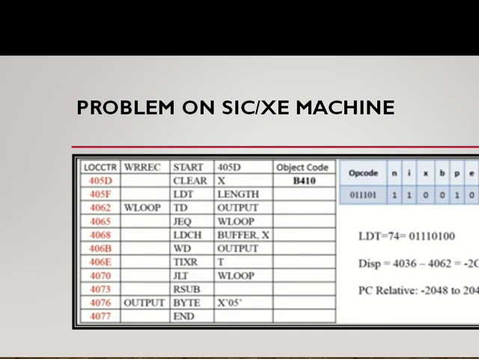So for this length, we will write the instruction format. Here we have the instruction format as opcode, NIXBPE as the flag bits, and 12 bits as the address. Here LDT will have the value which is already given in the program as 74. 74 is written as a binary number and placed in the opcode section.